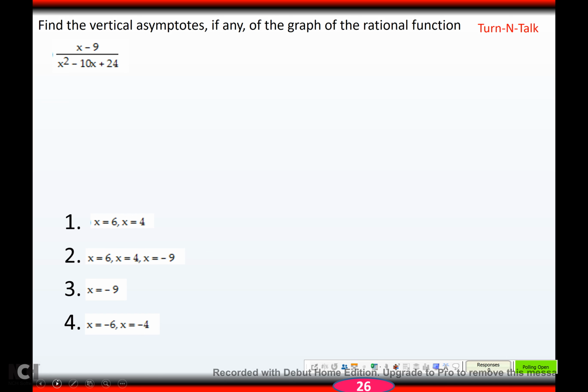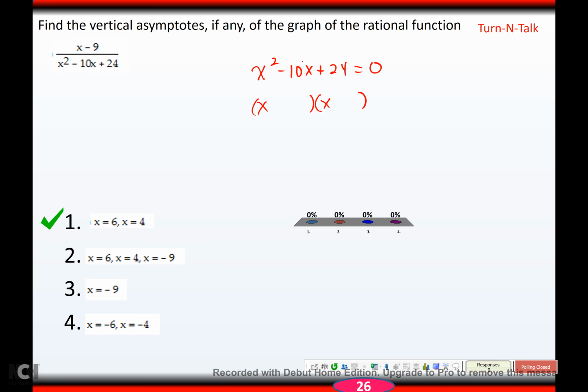Okay, do this one, hit pause, come back when you're ready, and hopefully you got x equals 6 and x equals 4. And what you do is you say, Mr. Denominator, you can't equal 0, so when you do equal 0, I'm going to get breaks or jumps or asymptotes. So this should be an easy factor, x times x. Factors of 24 that make 10 would be 6 and 4.